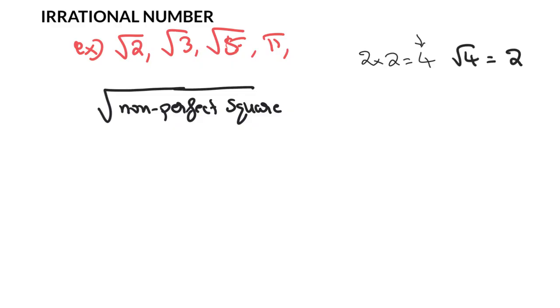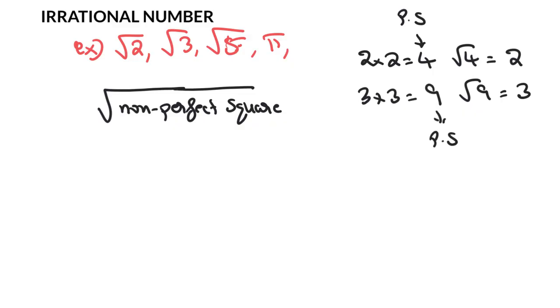So 4 is a perfect square. 3 times 3 is 9. Square root 9 is 3. So 9 is a perfect square. You get the idea? Okay. Square root 16. Is it a perfect square? Yes, because 4 times 4 is 16. Square root 16 is 4.